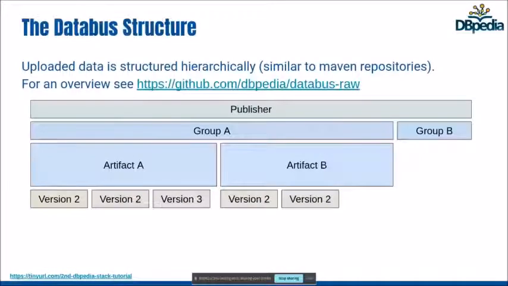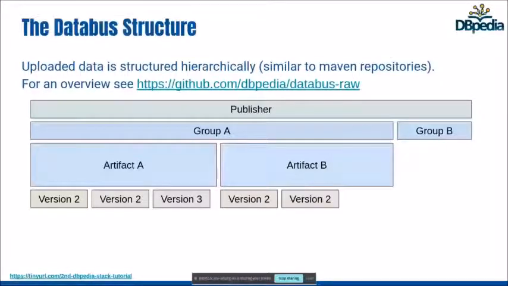This is how the data on the databus is structured, and it does it a lot like Maven or Maven Central, where software is structured in a certain way. And the most important entity is the artifact. That's why I made it so big. And the artifact is a logical data entity.